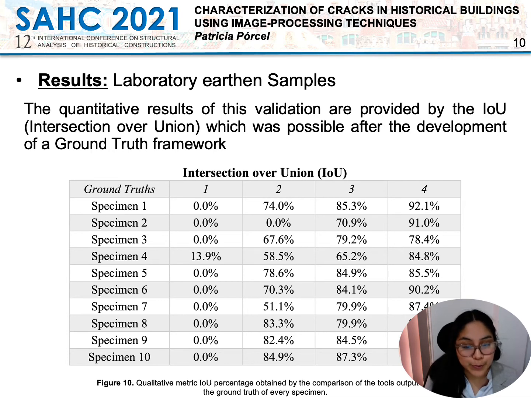However, this crack was really, really small, and it was not fully detected by this tool. However, when we started to go further into the monitoring process of each specimen, we can see that the tool is able to recognize up to 92% of the crack in the last frame.